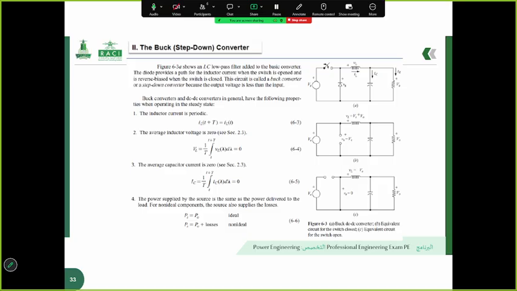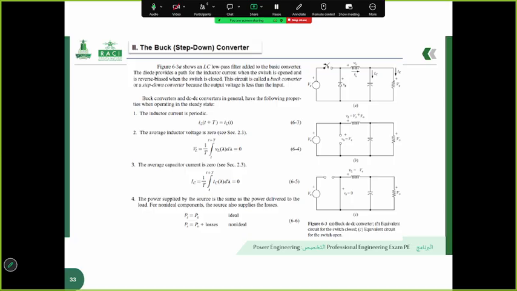So in steady state operation, after transients die out, the buck converter has these properties. Inductor current is periodic. It means that IL(T plus T) is equal to IL(T). The inductor current waveform repeats every switching cycle. Average inductor voltage is zero, so VL is equal to zero.